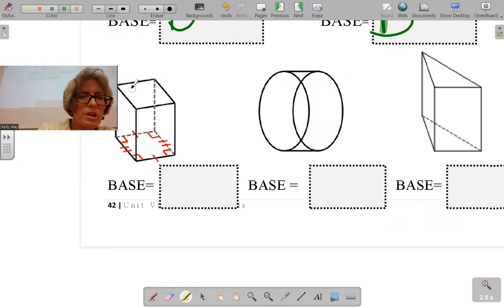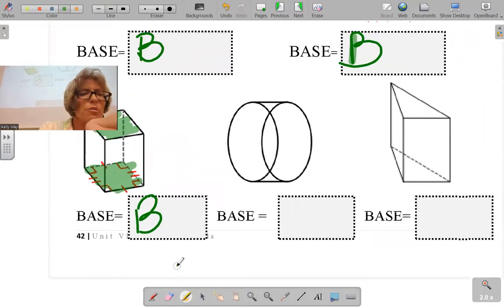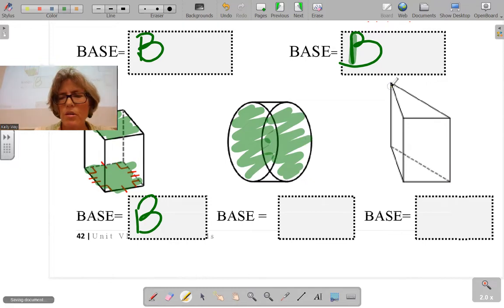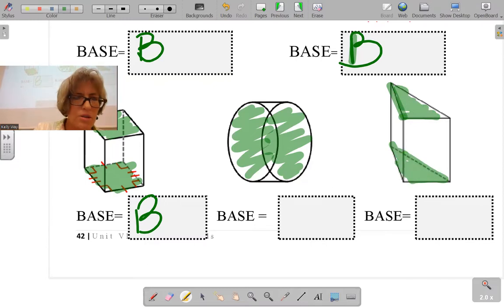These would be the bases. Here would be your bases. Right here, and here would be your bases here. So all of these are the bases.